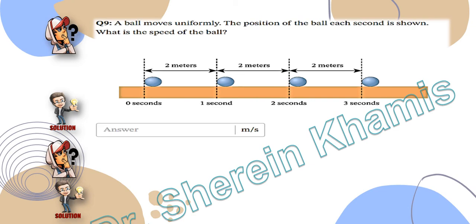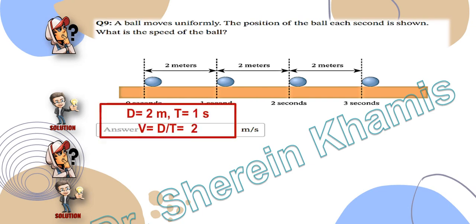If we take any distance divided by the time in each part, all of them give the same answer. So v equals d over t: we take the distance 2 meters and time 1 second, 2 over 1 giving 2 meters per second.